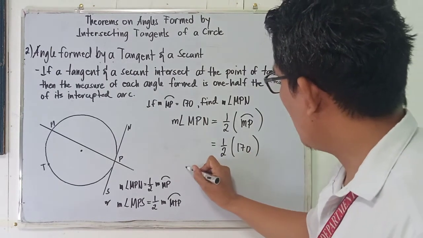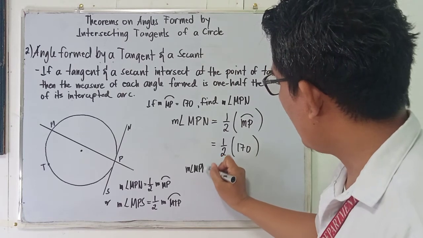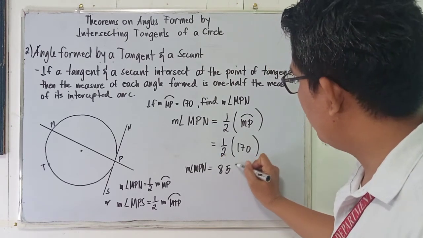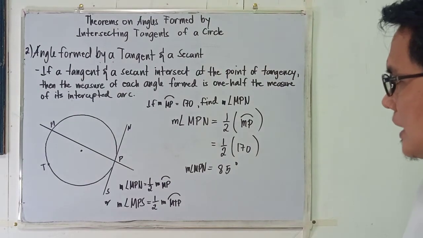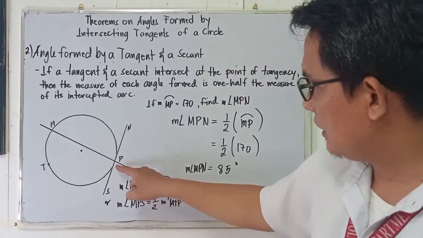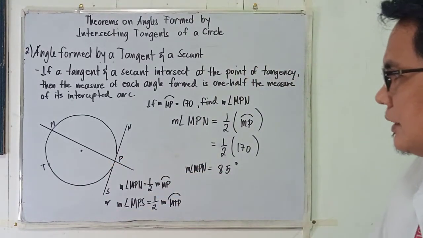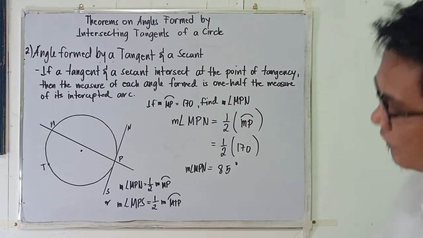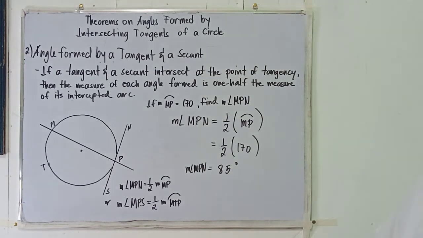Therefore, the measure of angle MPN is equal to 85 degrees. Likewise, if the arc here is given, we can solve for this angle by still using 1/2 the value of the intercepted arc. That is the second type, theorem number 2 of intersecting tangent and secant lines, where the point of intersection is at the point of tangency.